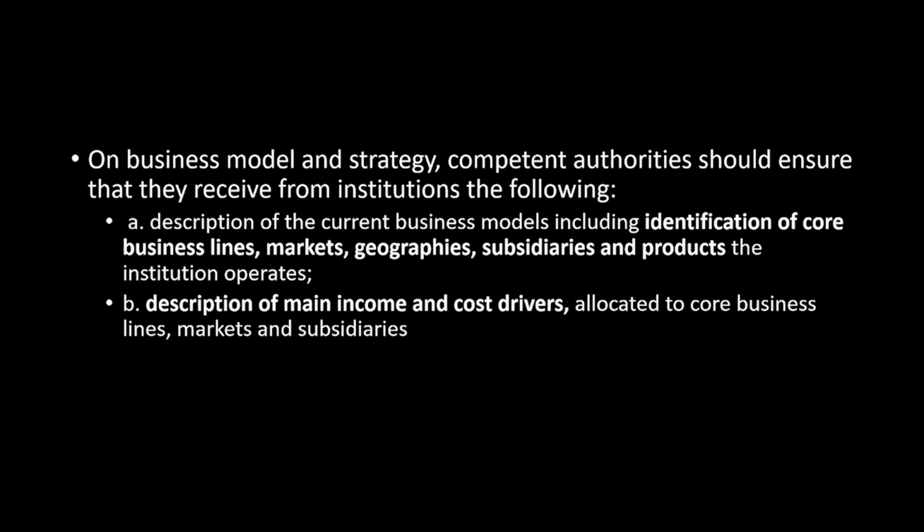And also the description of the main income and cost drivers. So, it's quite obvious that the regulators would like to know the sources of the income and the cost for the given bank, and how they are allocated to different core business lines, markets and subsidiaries and so on. So, this assessment is much more granular in that sense. This is a lot more detail.